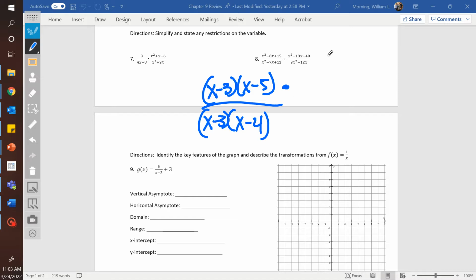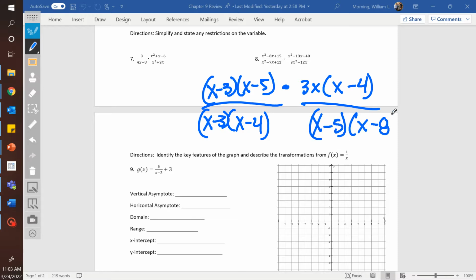The second fraction I'm flipping, so I'm going to factor the numerator. So 3x comes out on the 3x squared minus 12x, leaving us with x minus 4. And then since I flipped it, the numerator is now the denominator. So x squared minus 13x minus 40, that's x minus 5 and x minus 8.